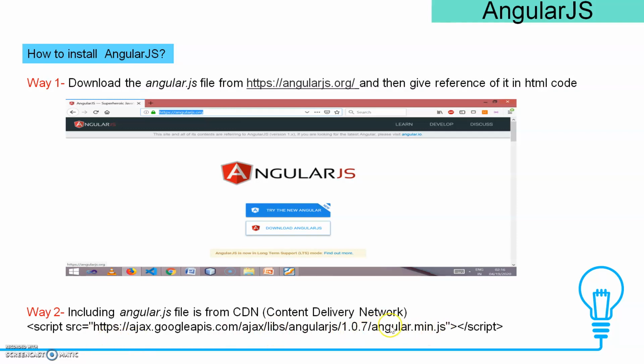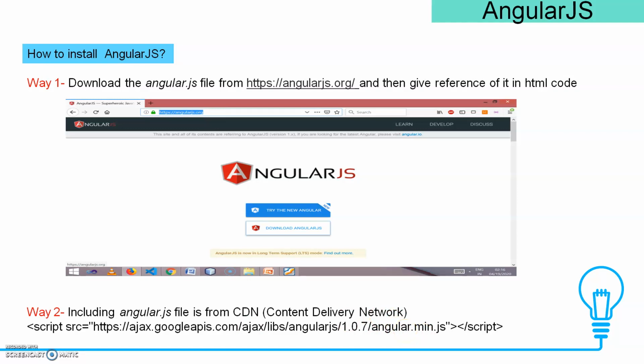This is the URL to reach the CDN where the AngularJS file is saved. If you include that in your HTML page, you can use all directives, expressions and different features of AngularJS.